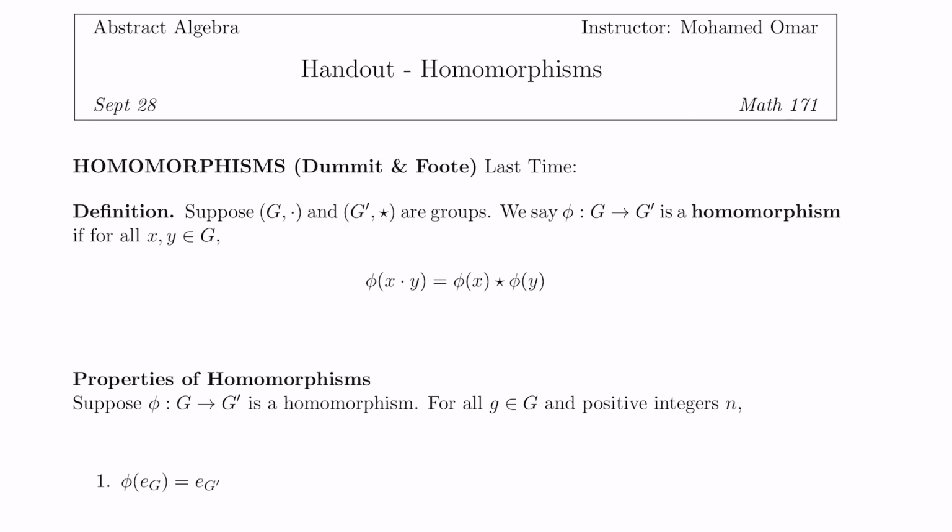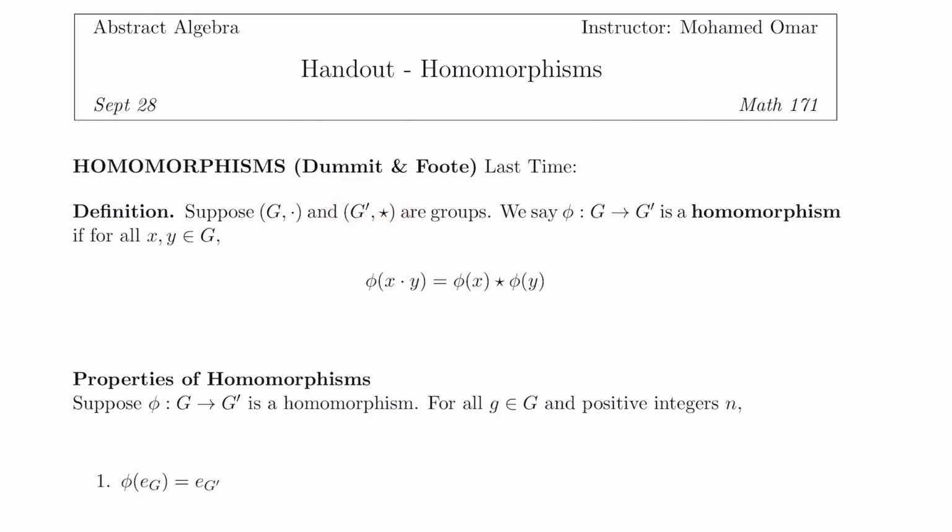We say phi, which is a function from G to G prime, is a homomorphism if it preserves the group operation, and the group operation is compatible with the function phi. So phi takes stuff in G and outputs things in G prime, provided that phi of the product of two elements in G is the product of the outputs phi of x and phi of y in the group G prime.